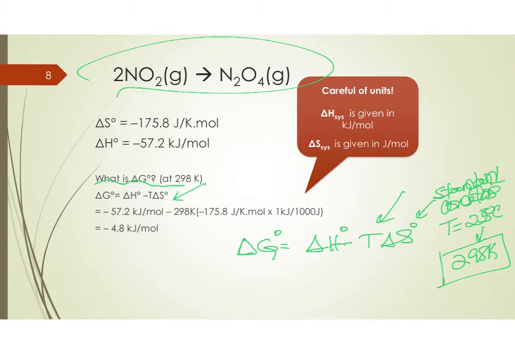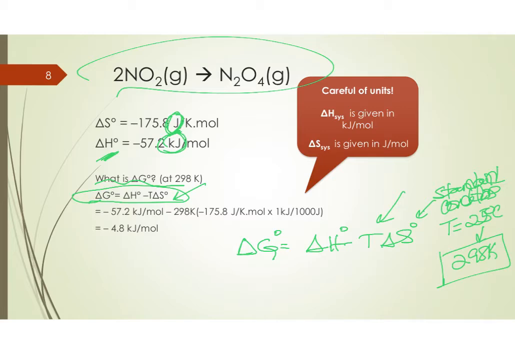I will caution you to be very careful of units. Entropy, since it overall is typically smaller than enthalpy, is usually in terms of joules, whereas enthalpy is usually given in terms of kilojoules. The units must match before you put them into the free energy equation.